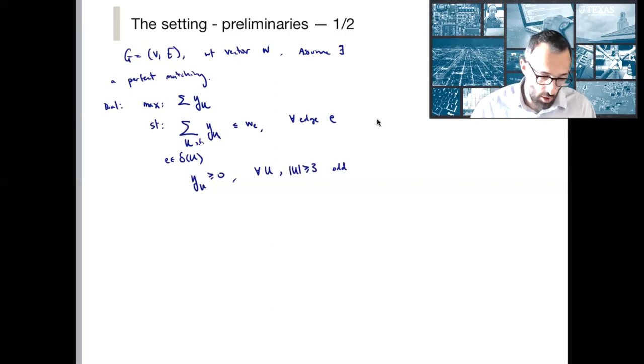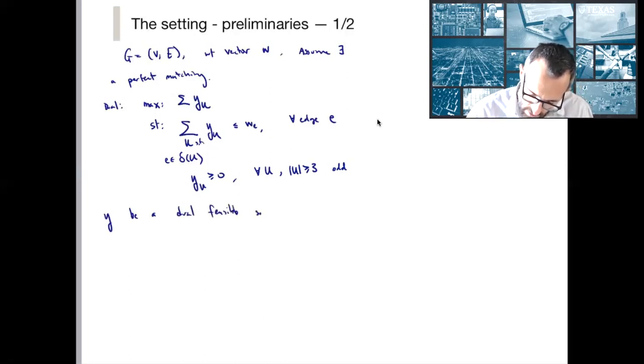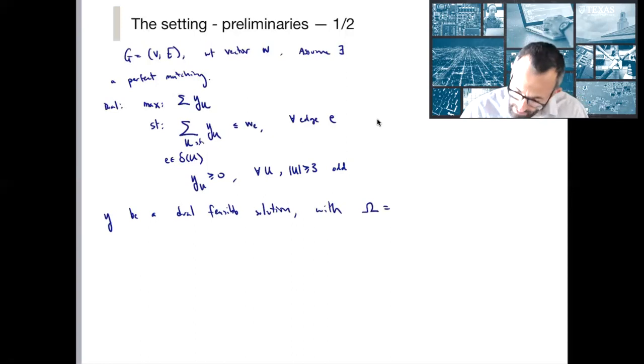We are, throughout this, going to maintain a subset of the dual variables which we're allowed to use. And in this slide and the next, I'm going to explain exactly what the algorithm will maintain. So throughout, let y be a dual feasible solution, and its support set, which I'll denote by omega, will be laminar.